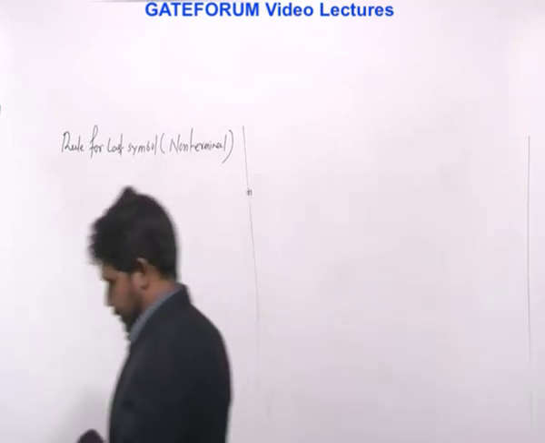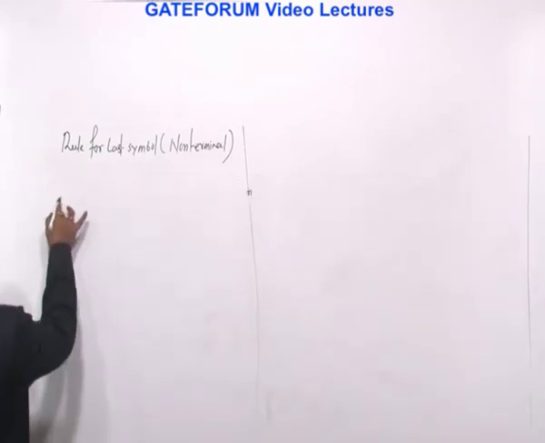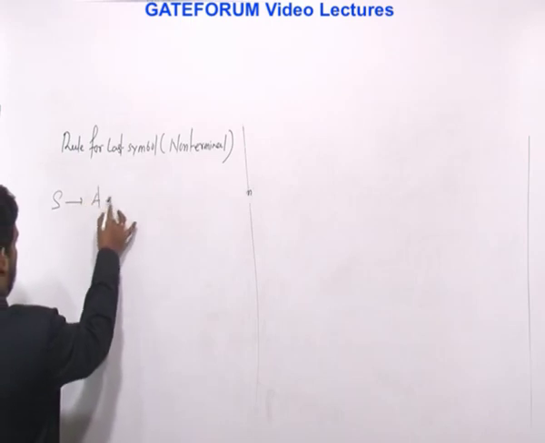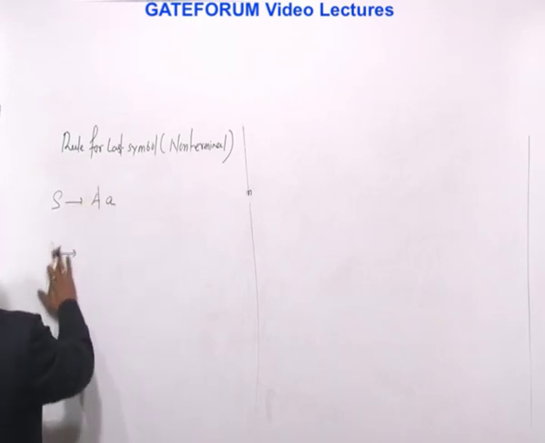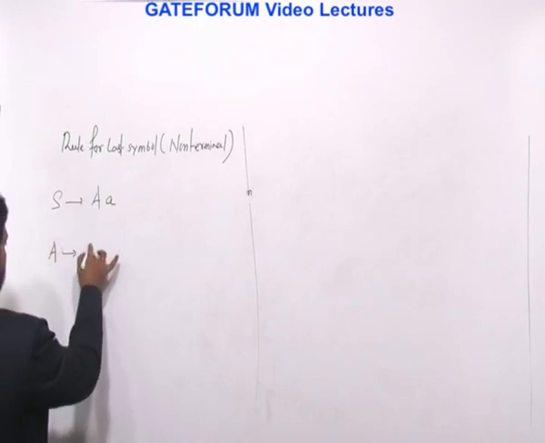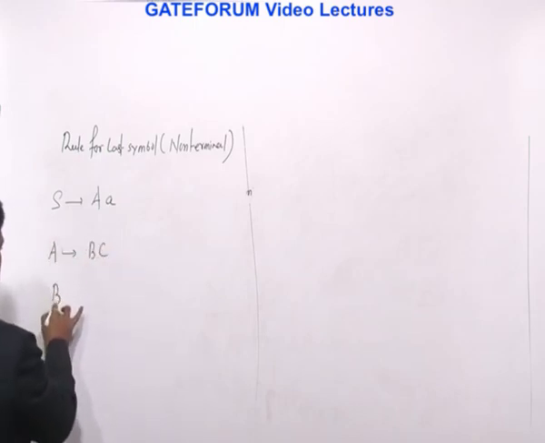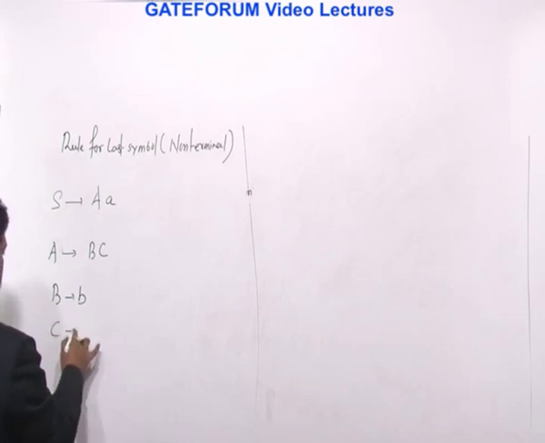Now look at this. Suppose S derives capital A and small a, A derives B C, B derives small b, and C derives small c.